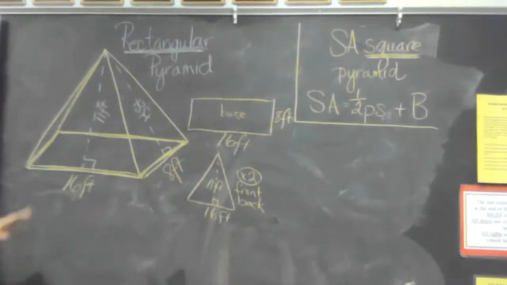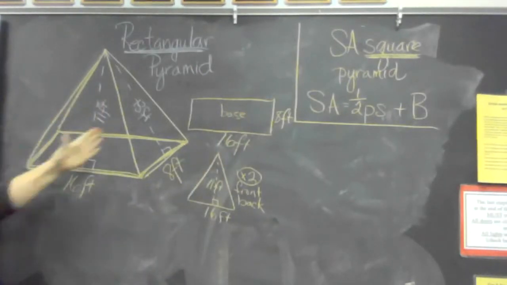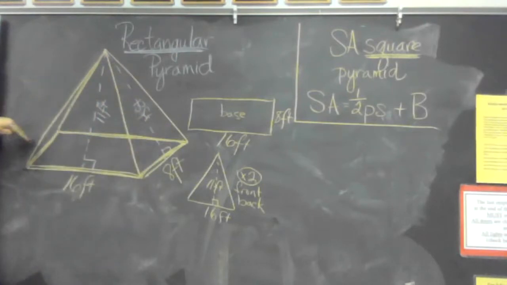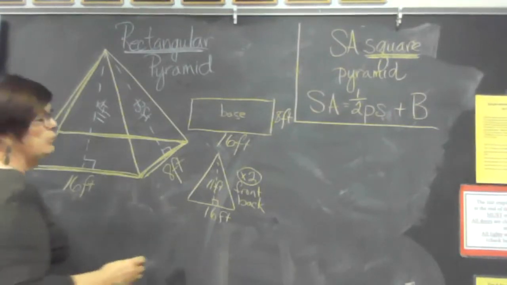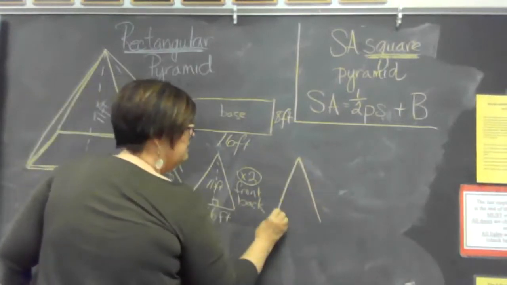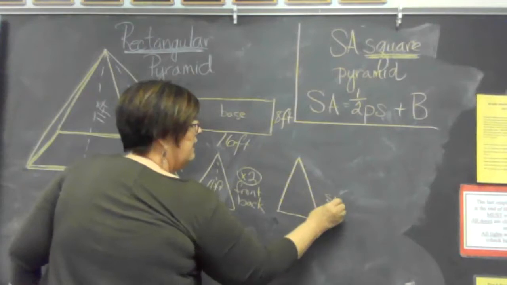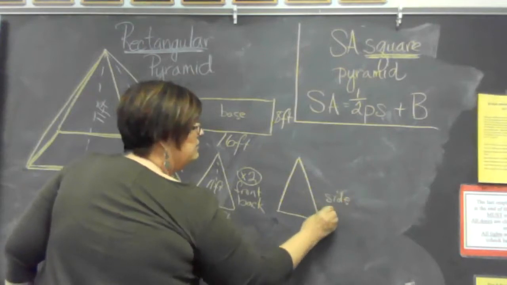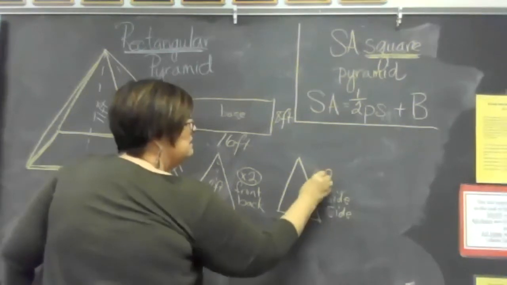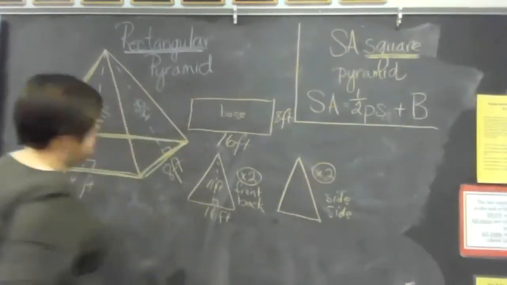Now you can see that we have 2 more. We have a triangle on the side, and the triangle on the other side is going to be exactly the same shape, okay? But they have different slant heights. So what we're going to do here is draw the sides. This is the side and the side. Because they're the same, we're going to take it times 2 when we're finished.